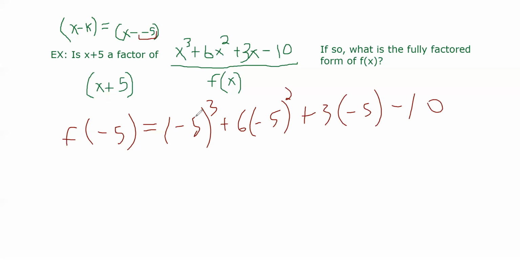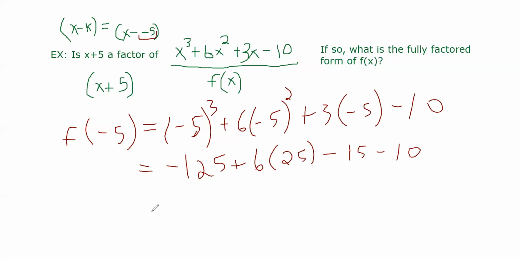We're going to have to do a little bit of arithmetic here. That's going to give you negative 125 plus 6 times 25. Negative 5 squared becomes positive 25. And then that essentially becomes minus 15 minus 10.